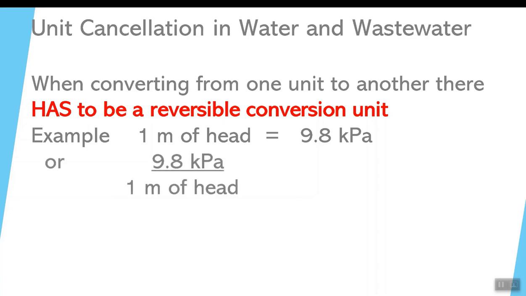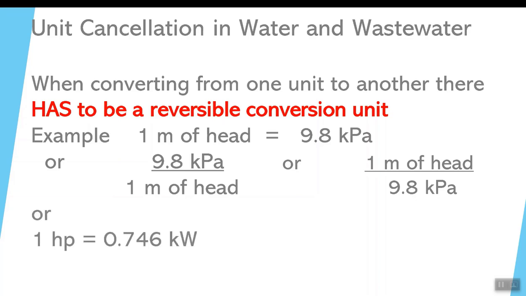Now, there's a number of different ways to write that. It could be 9.8 kilopascals per meter of head, or it could be 1 meter of head per 9.8 kilopascals. Either one of those is correct, depending on what you're given. If you're given meters of head, then the first example. If you're given kilopascals, then the second example is given.